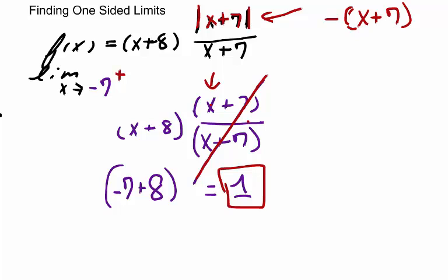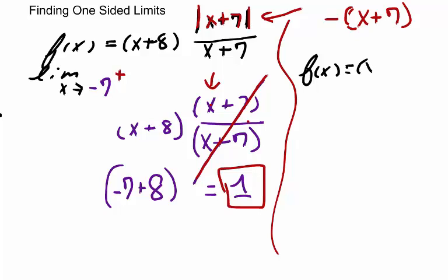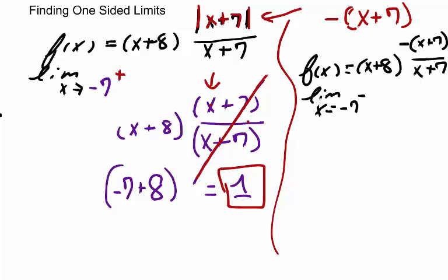So now let's evaluate our left-hand limit. So we have f of x equals x plus 8. And now, since we're approaching from the left, this will be multiplied by negative times x plus 7 divided by x plus 7.